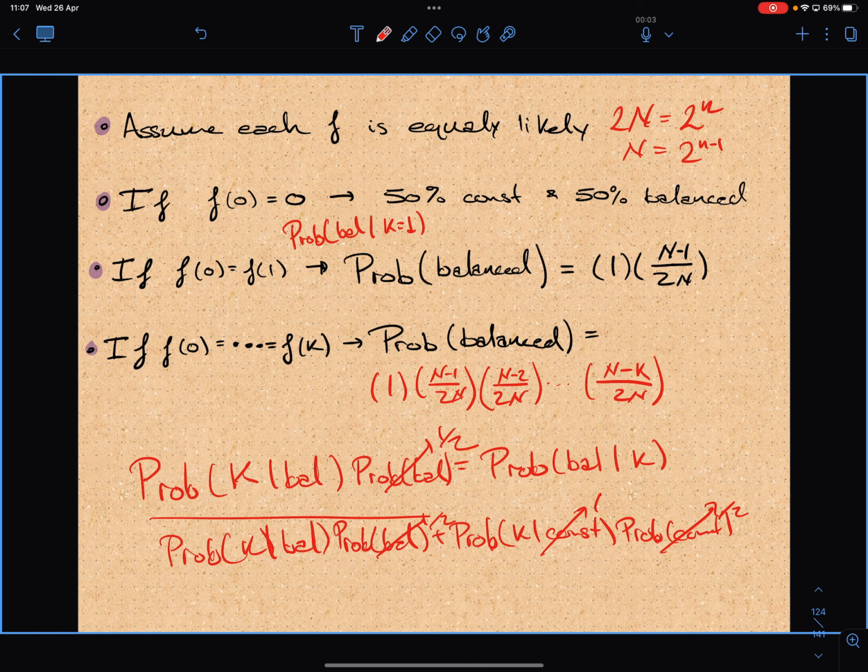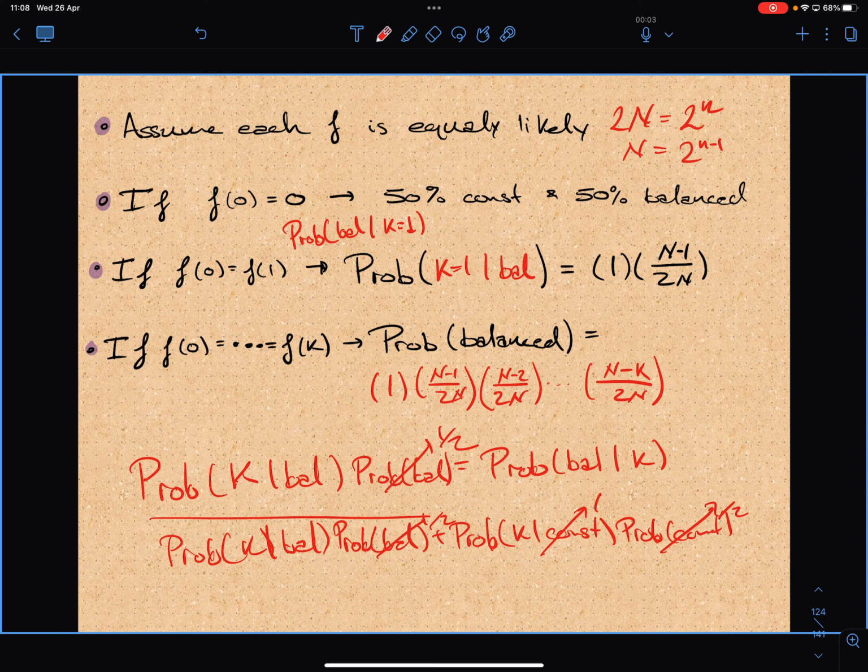So, the probability that it's balanced given that, for k equals 1, I get that f0 up to fk are all the same. That it's constant for the k measurements, or the k plus 1 measurements. So this is what I want to compute. Given these measurements, what's the probability? And instead, what I've gone and done is compute for you the probability that we get k of those measurements, k equals 1, given that it's balanced. So I computed the opposite.